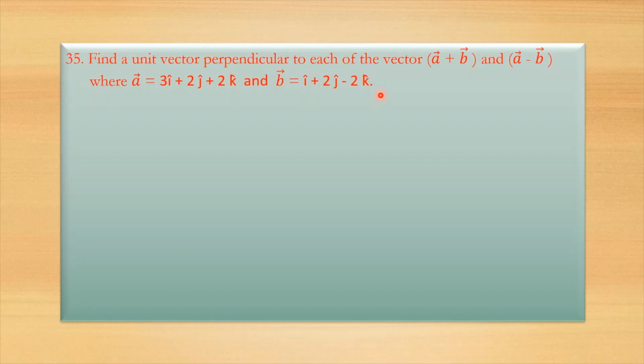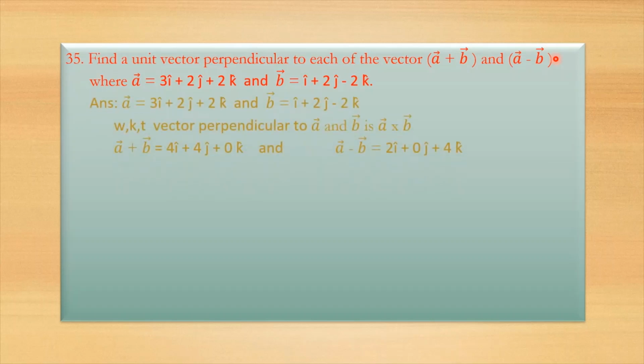So to get a vector perpendicular to a plus b and a minus b, we need to do the cross product of these both. First let me find a plus b and a minus b. Here a plus b is 4i plus 4j plus 0k, and a minus b is 2i plus 0j plus 4k.